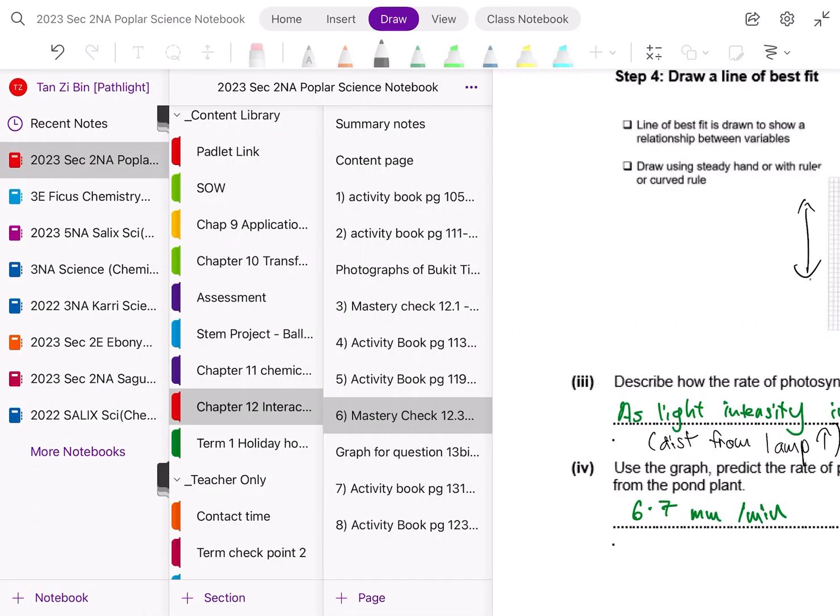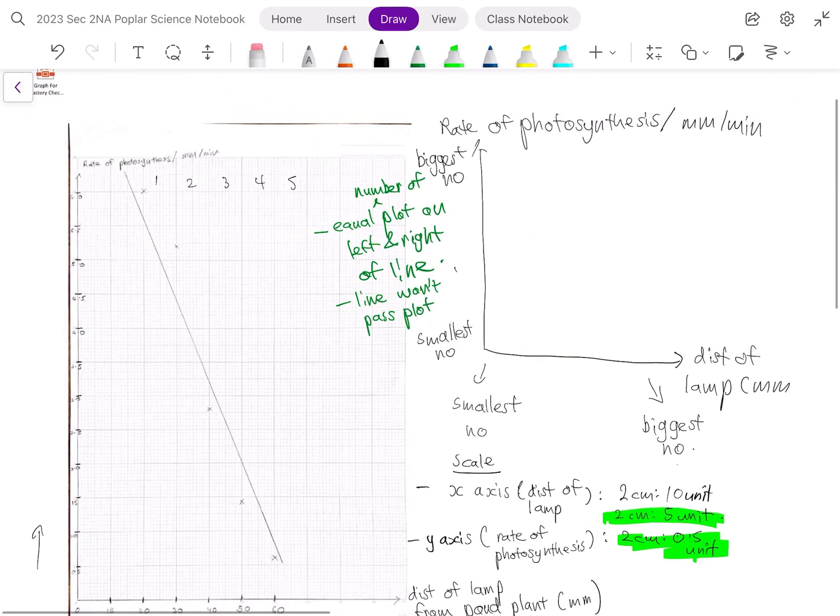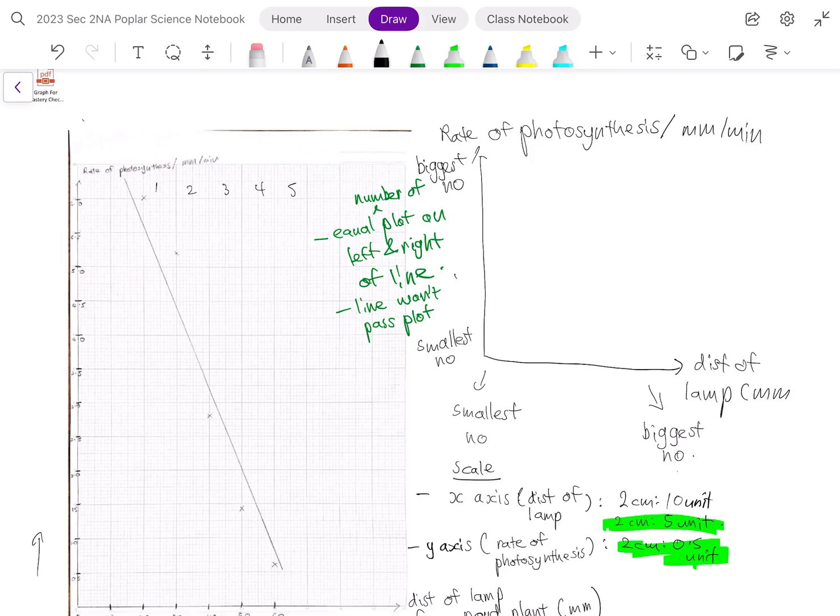This one I think really got to extrapolate a bit, okay, so imagine this line go a bit more something like this. Okay, wait, let me try to be as straight as possible. Okay, so this one probably it already hit like 7 or something.